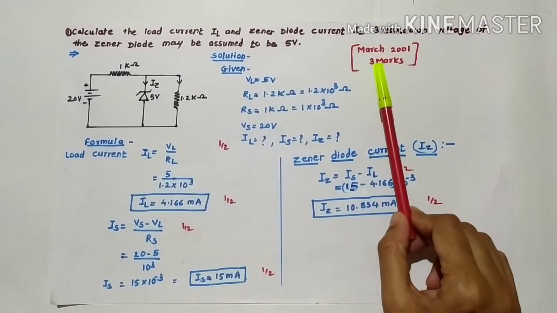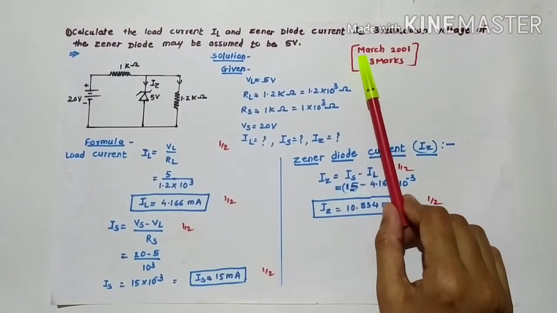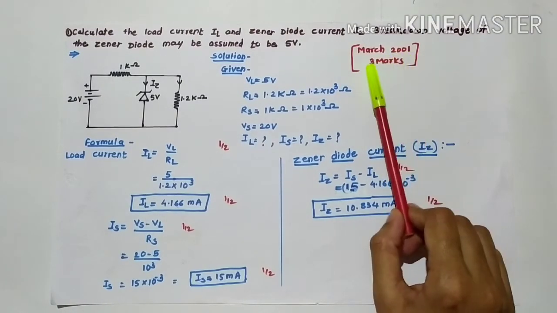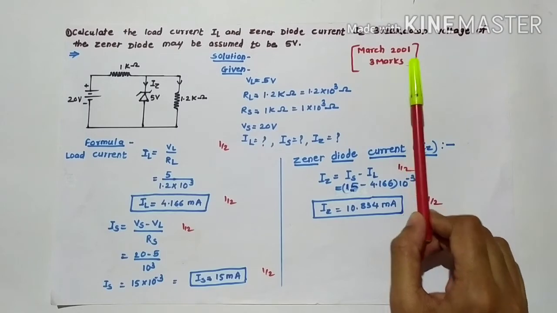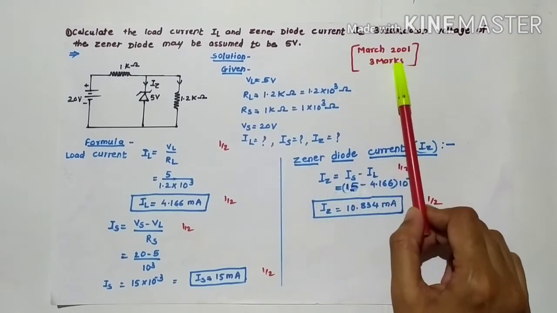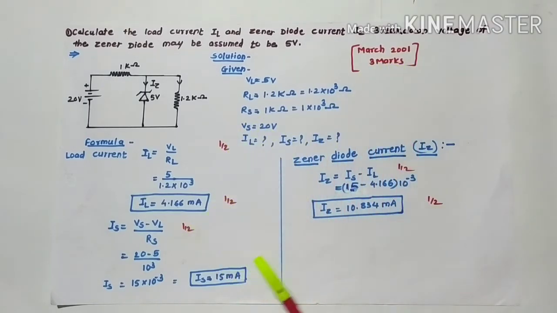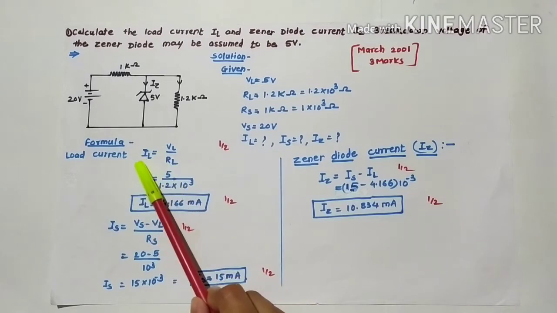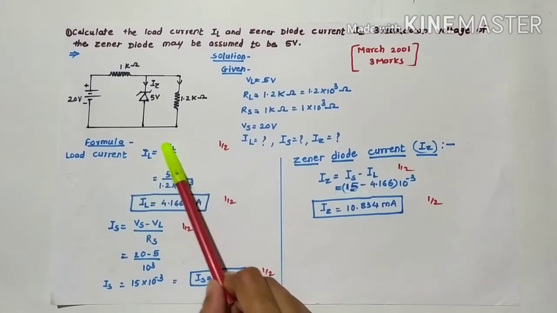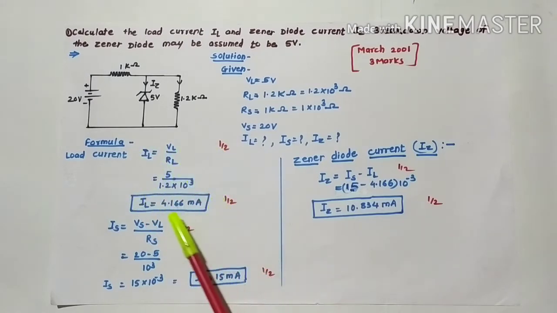Students, this problem was asked in the board exam March 2001 for 3 marks. Now let us see how these 3 marks are divided in this problem. For the first term IL, correct formula half mark, correct answer half mark. For the second term, correct formula half mark, correct answer with proper unit half mark.